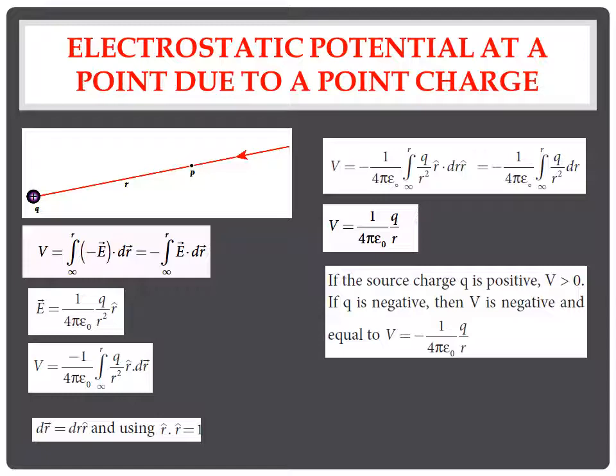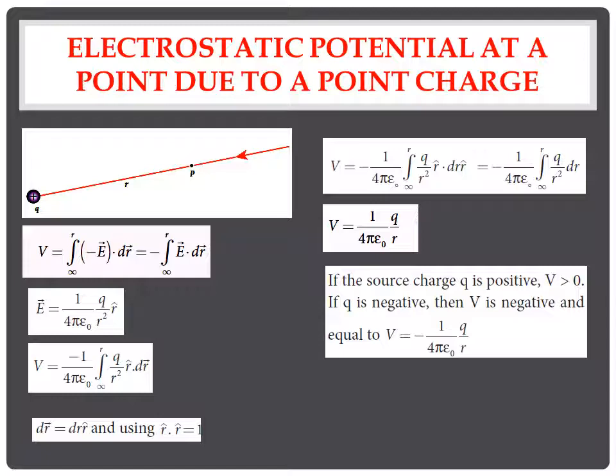Since 1 by 4 pi epsilon naught is a constant, we can just bring it outside, and we know that dr vector is nothing but dr into unit vector r cap, and using the identity r cap into r cap is equal to 1, we get your equation as V is equal to minus 1 by 4 pi epsilon naught integral of Q by r squared r cap vector into dr r cap vector.